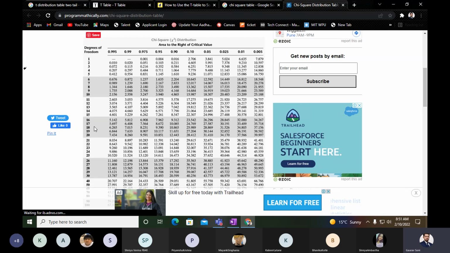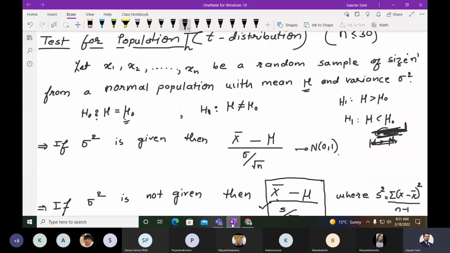So we have the degrees of freedom and the level of significance. 0.05 is there, 0.01. Only these two columns we need. I said that in maximum cases we are going to have this. You just look at the degrees of freedom and level of significance, and you will get the tabulated value. Okay, fine. So let's get back to our discussion.